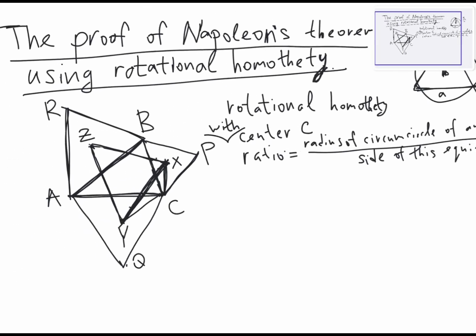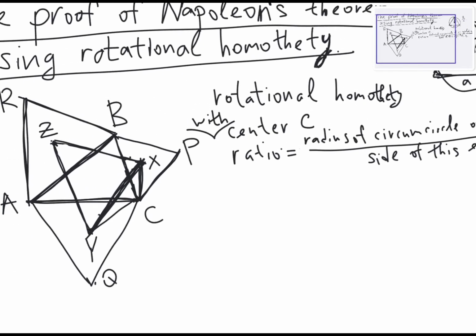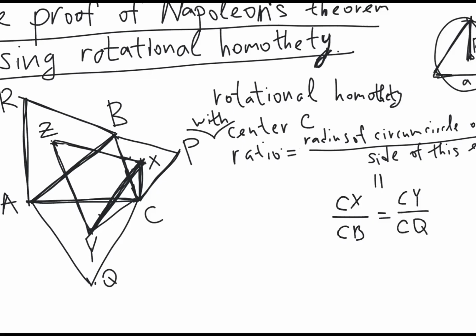So we notice immediately that this ratio is equal to Cx over Cb, and also Cy over Cq, right?